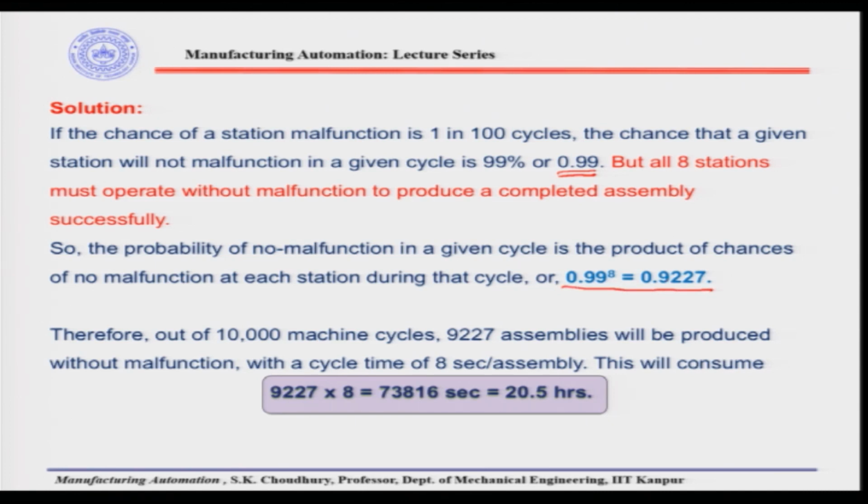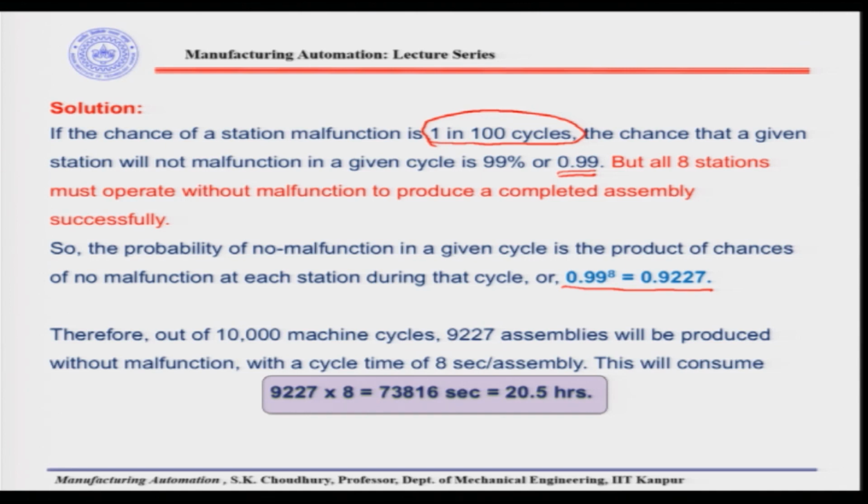What does that 0.9227 mean? That means out of 10,000 machine cycles, 9,227 assemblies will be produced. Is it clear? Once again I will repeat: 1 in 100 cycles a station malfunctions. So, the probability that a station will not malfunction is 0.99 or 99%.